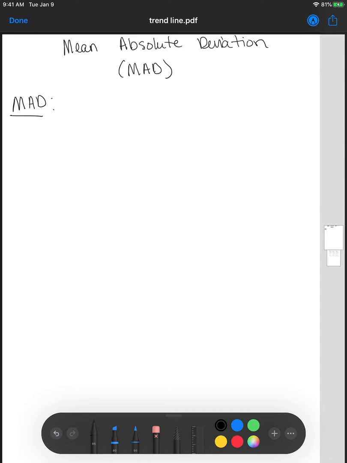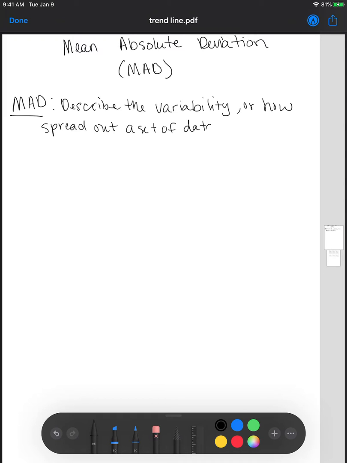It's the average distance from the mean.